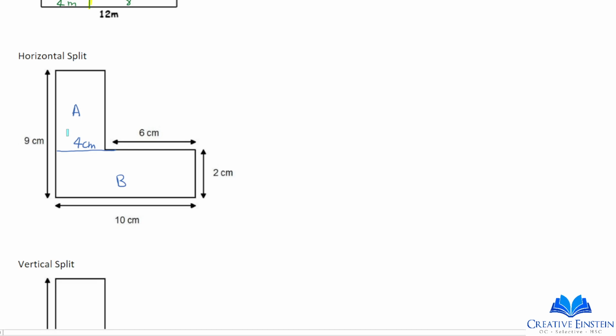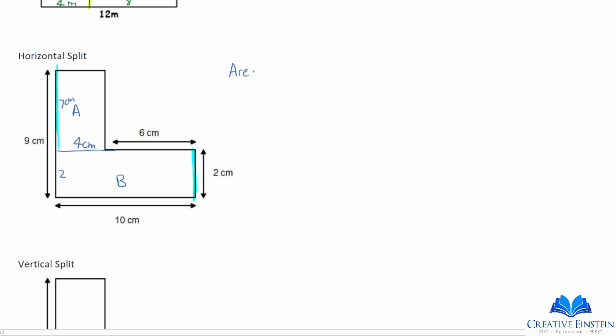Now I've also got to work out this. I know that the width on shape B is 2, which means that this part must be 2. The whole thing is 9, therefore this must be 7 centimeters, because 7 plus 2 gives me 9.